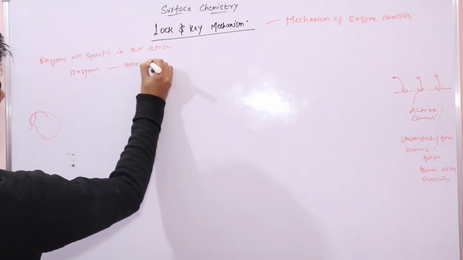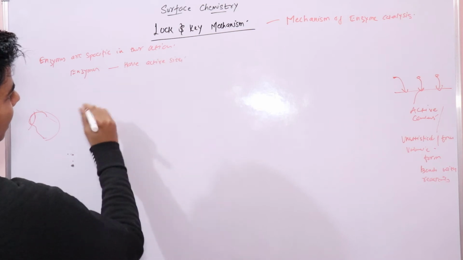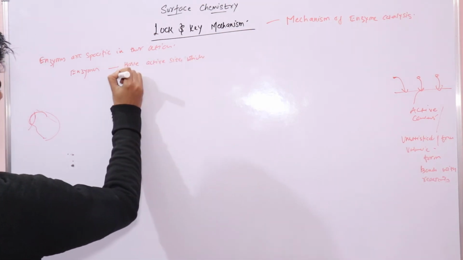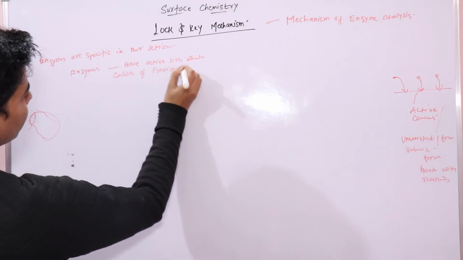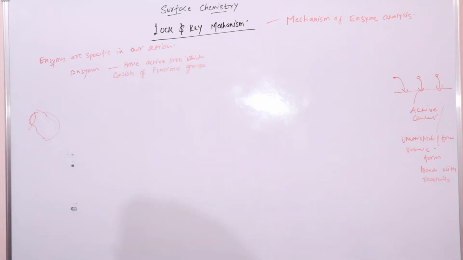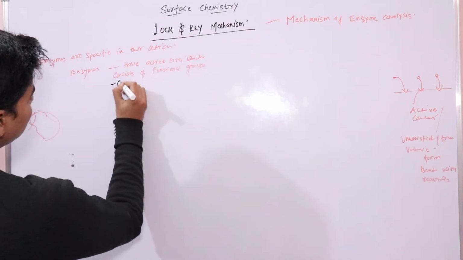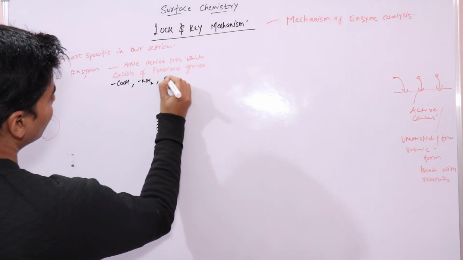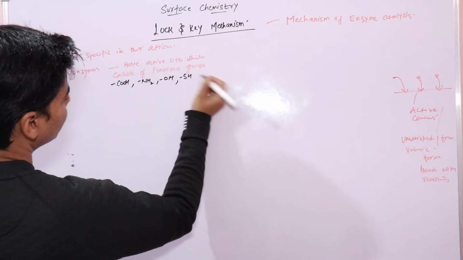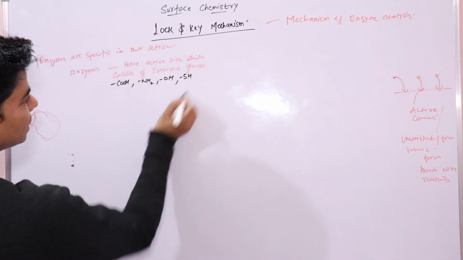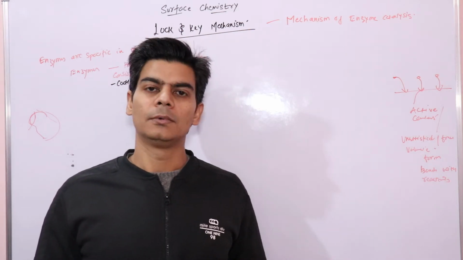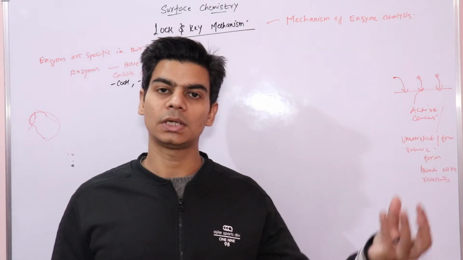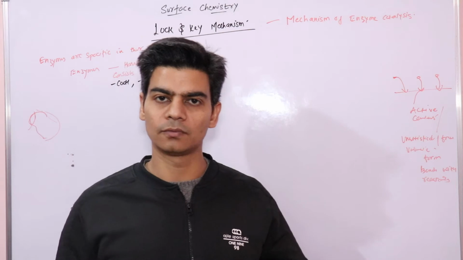Functional groups like the COOH group, NH2 group, OH group and SH group, all organic groups, are present in the active site of the enzymes, which makes it form bonds with the substrate or reactant molecules.